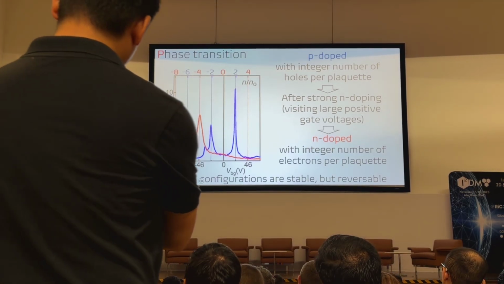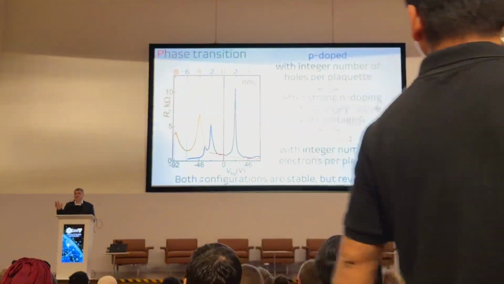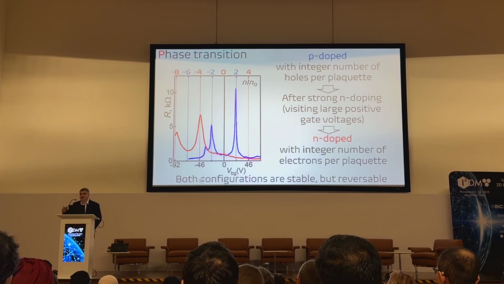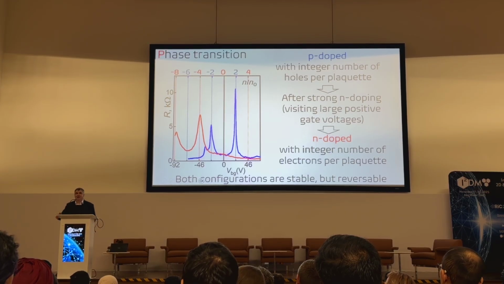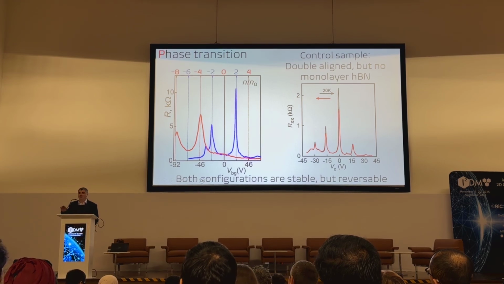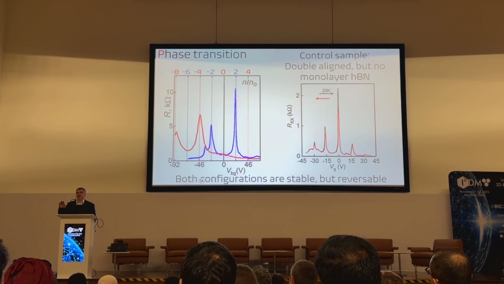Now, I can imagine that there might be criticism that you guys don't know how to make your devices. Singapore is very humid. You get lots of water, whatever crap inside. Believe me, we do know how to make our devices. If there is no monolayer hBN, we only change one thing.